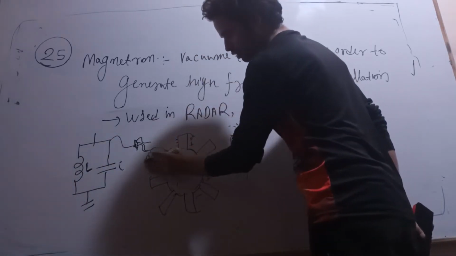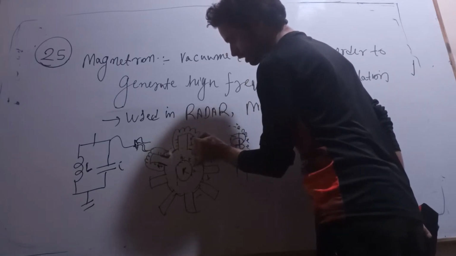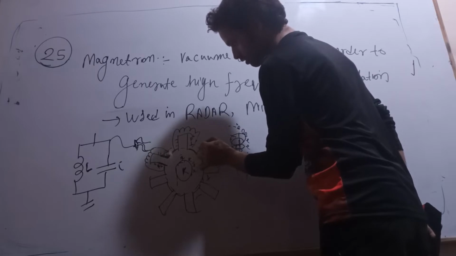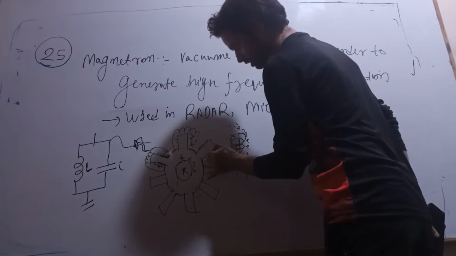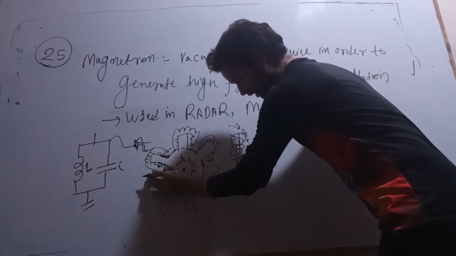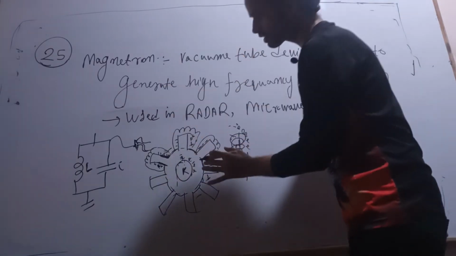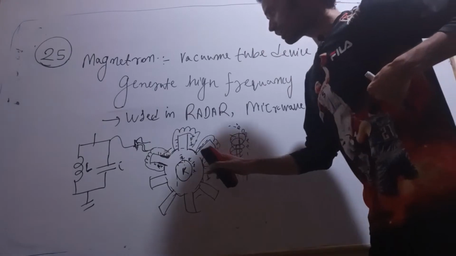Here also capacitor, here inductor. Negative, negative, negative, positive, positive, positive: this is a capacitor, and this is an inductor. Everywhere there is an inductor and capacitor, which means there is oscillation.